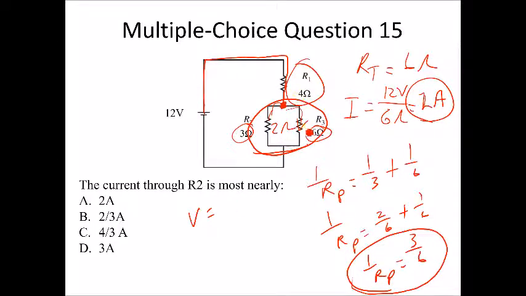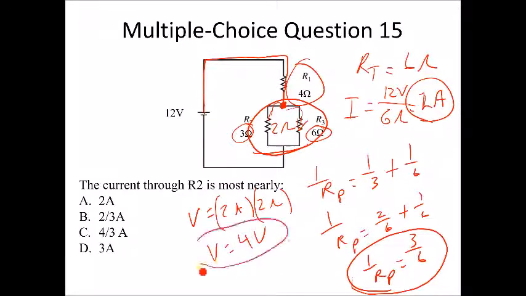So all the current has to go through the whole parallel portion. To calculate the parallel voltage drop, we take the total current of 2 amps times the resistance of the parallel part of the circuit, 2 ohms, and we get a voltage drop of 4 volts. That's the voltage drop across the whole parallel part of the circuit.